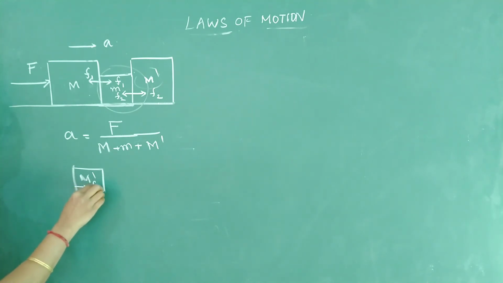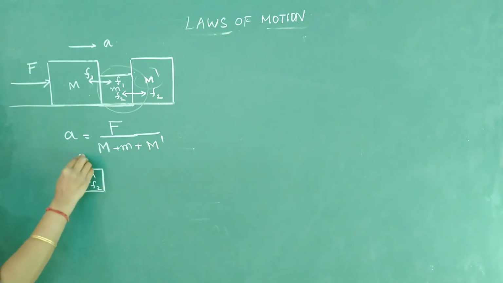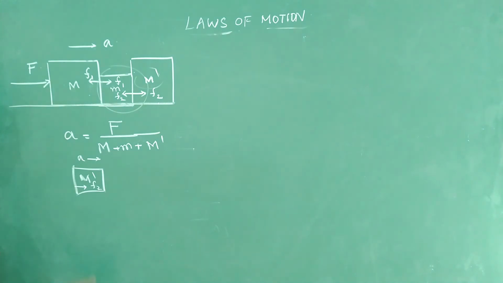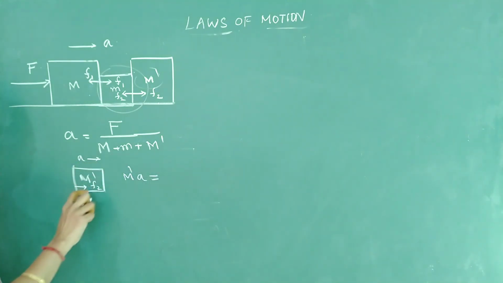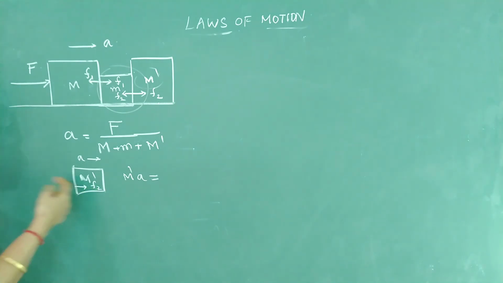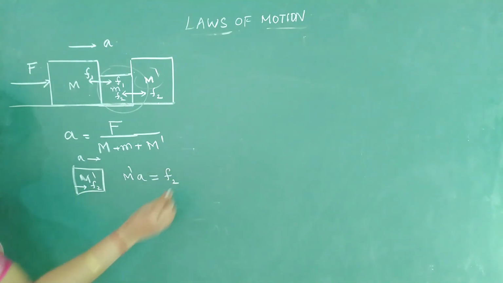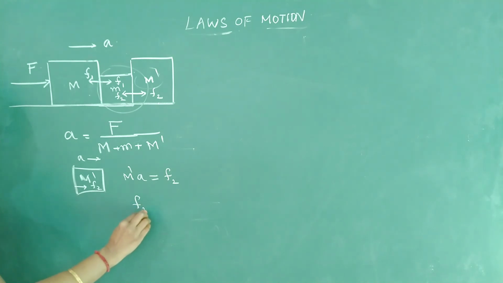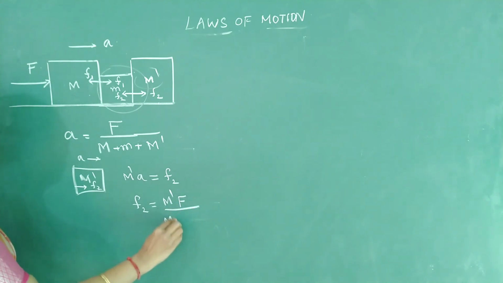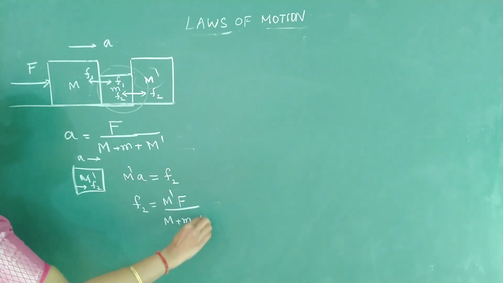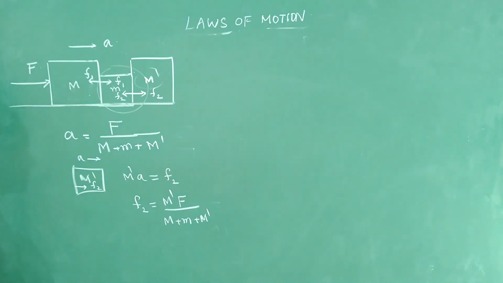Only one force is acting, that is F2. It is having an acceleration A. M dash into A should be applied minus opposing. There is no opposing force. Applied is F2. So what is the value of F2 equal to? M dash into acceleration. F by capital M plus small m plus m dash.